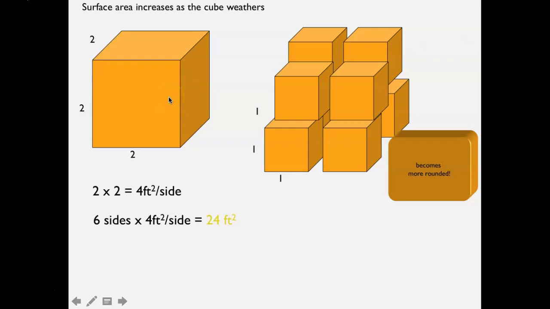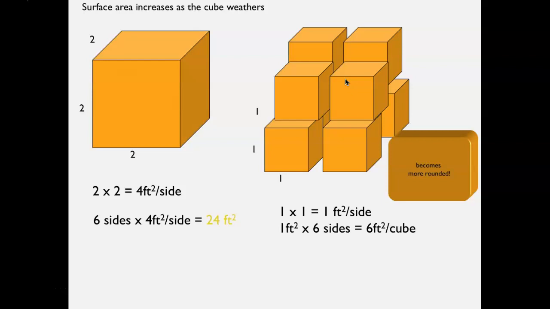If we take that same cube over here, the image on the right, and we bust it up, either by frost wedging or root activity or spalling or exfoliation jointing, whatever the process is, it breaks that rock up over this plane and this plane. Now we have a bunch of cubes. They are 1 foot on each side, and they have 6 sides, so each cube has 6 square feet of area exposed.